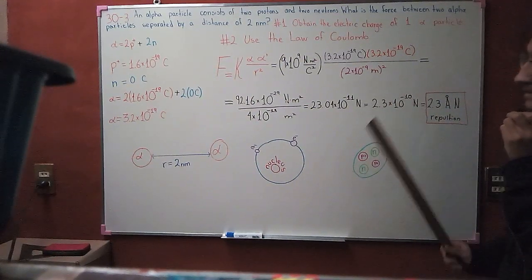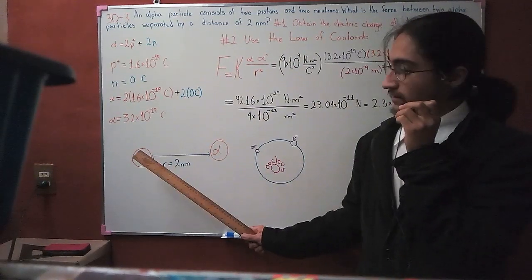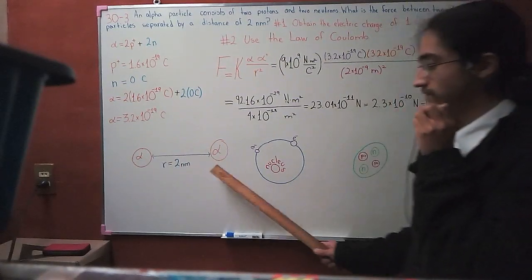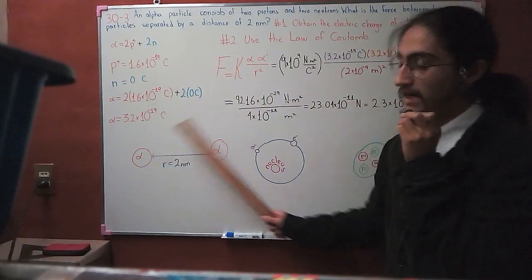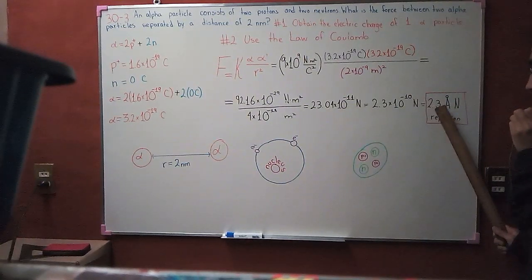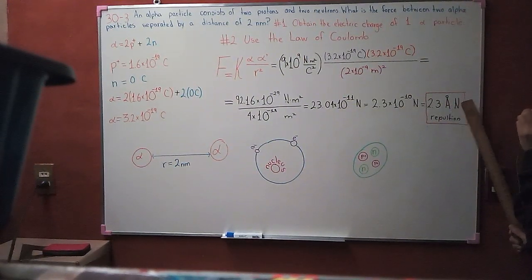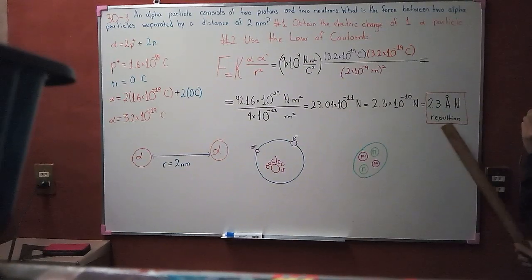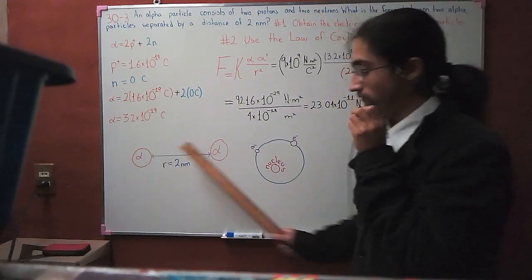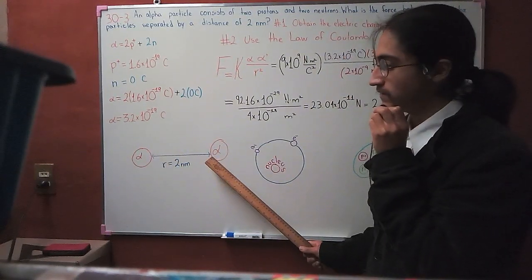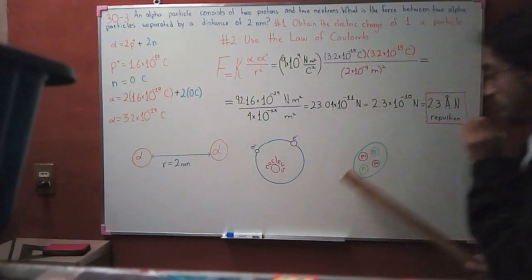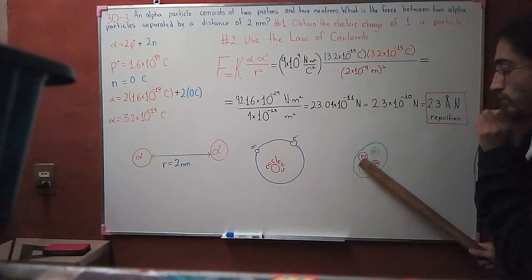So, the electrical force between two alpha particles has a magnitude of 2.3 angstrom newtons of repulsion, because these two alpha particles have the same sign, positive, because they are formed of protons.